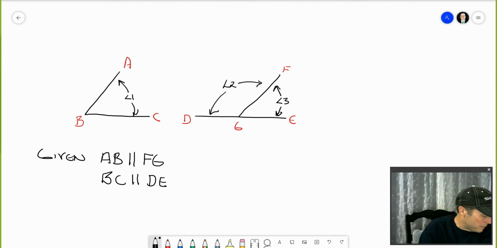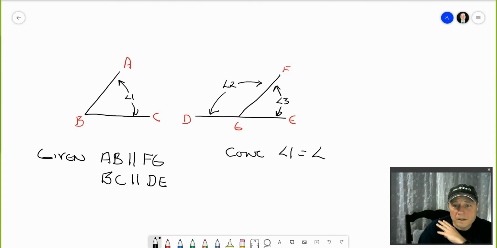We're also saying that line BC is parallel to DE, okay? So based on that information, the conclusion is angle 1 here equals angle 3.